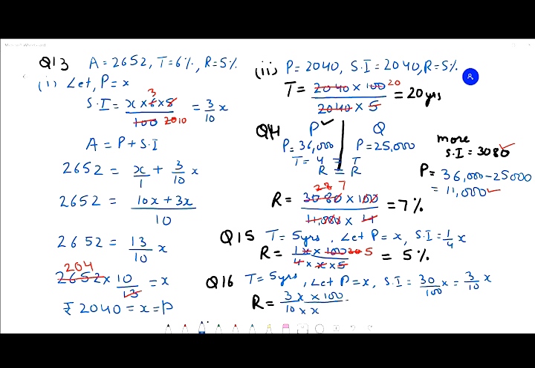Principal is x, time is 5. Now cut it up, x with x, 10, 10, 5, 2. So 3 times 2, 6 is my rate of interest.